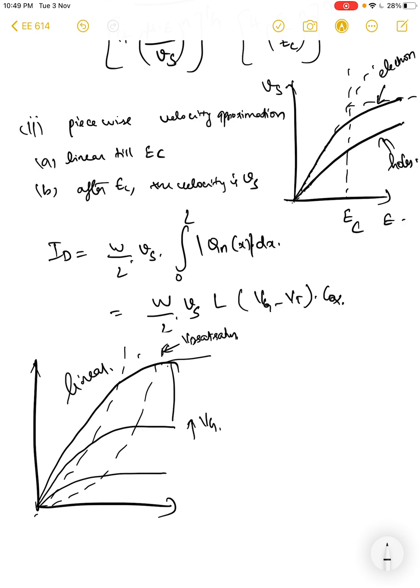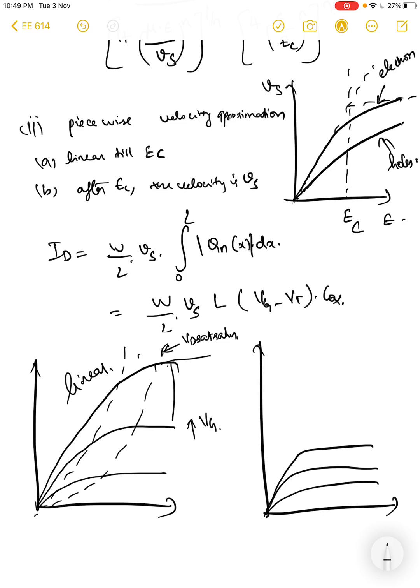In an ideal MOSFET, you have a Gm which increases with Vg, whereas when you take velocity saturation into account, you will see that both Id and Vd sat reduce. So you have something like this. You have a linear region, you have velocity saturation, and you will see that the drain current does not increase as much as Vg increases, right?